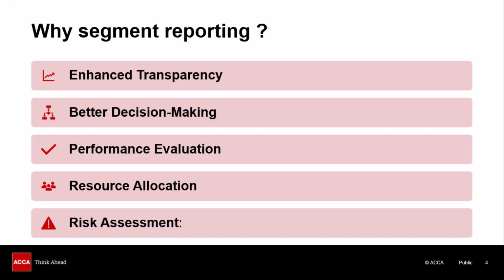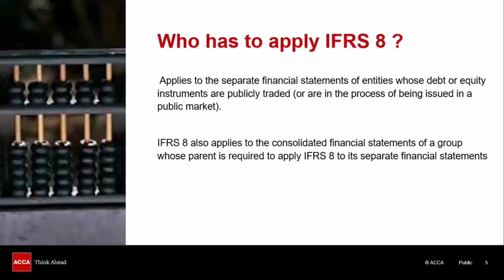And the next thing that we need to ask ourselves is, who must use IFRS 8? IFRS 8 applies to companies that are listed on the stock exchange, or listed on the debt markets. So these are companies that have debt or equity instruments that are publicly traded.